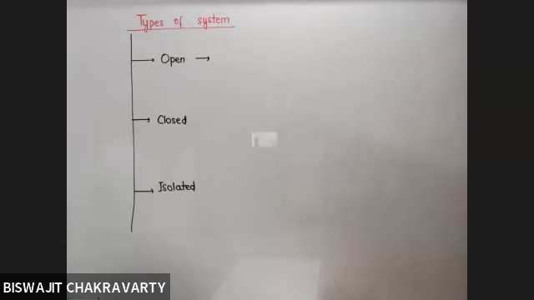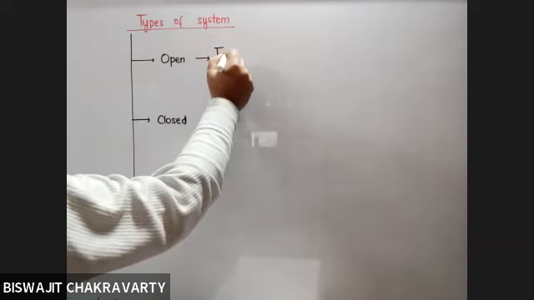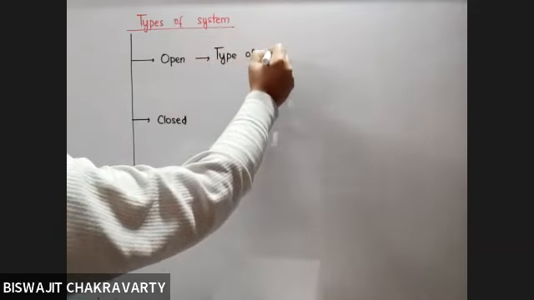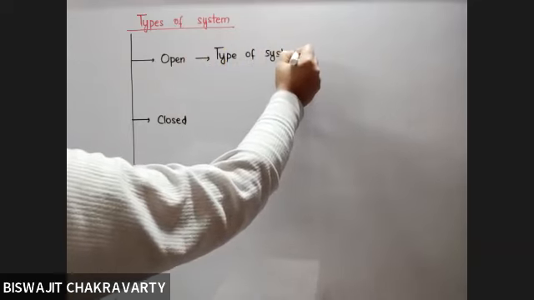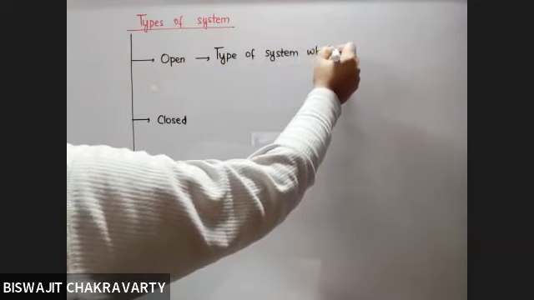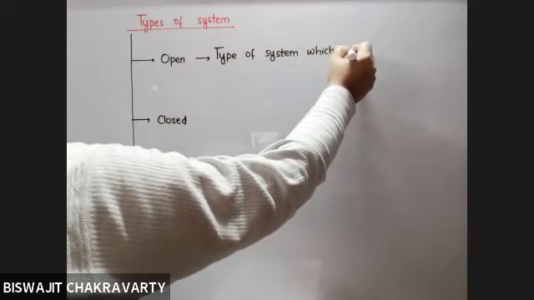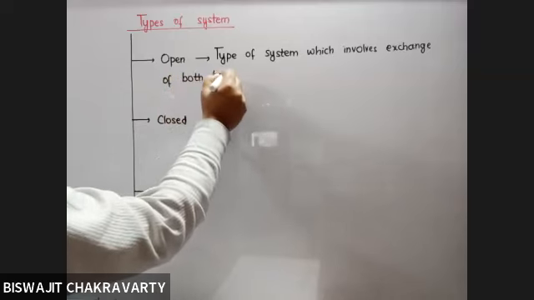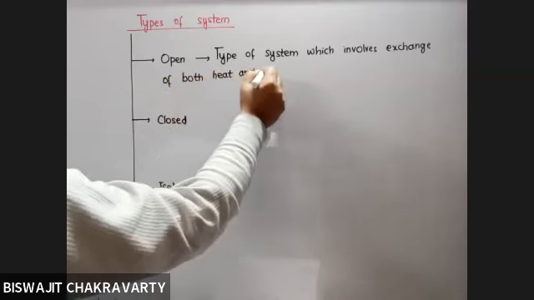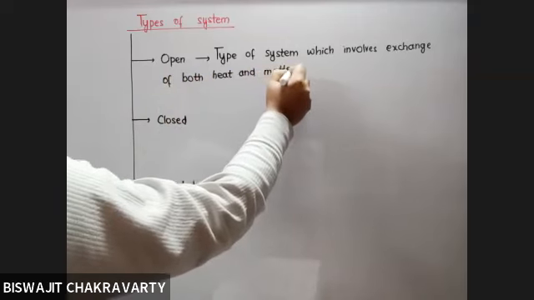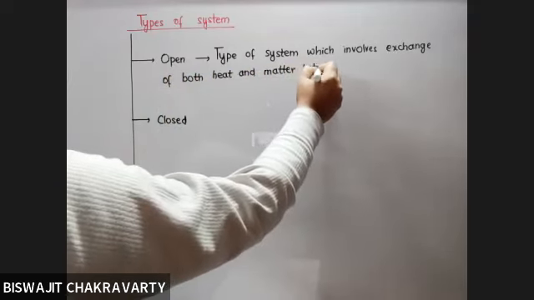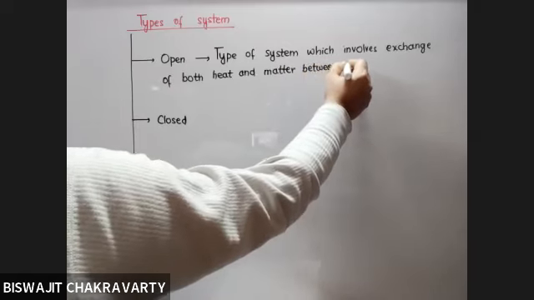And that is why in an open system, we can say it is a type of system which involves exchange of both heat and matter with the surroundings.